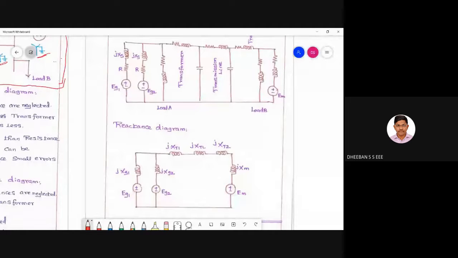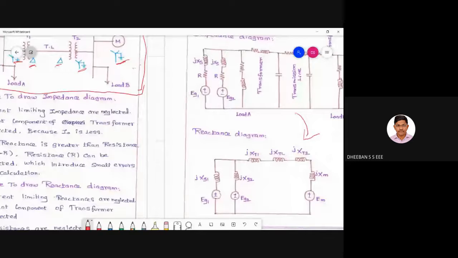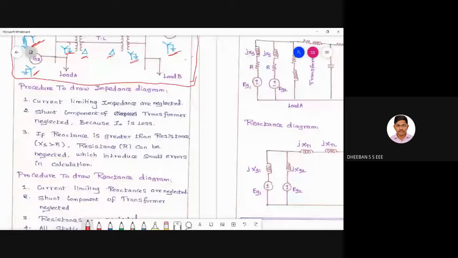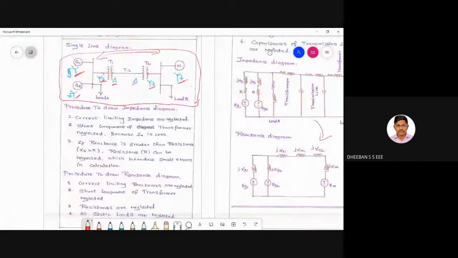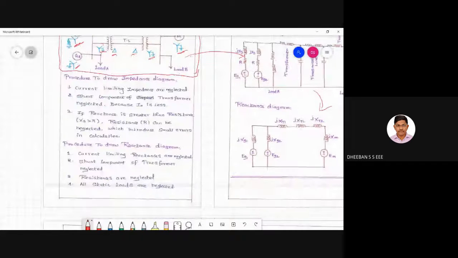That is, if you neglect resistance and capacitance in your impedance diagram, you will get your reactance diagram. That's the single thing you have to consider. And how you can convert such a single line diagram into this fashion.